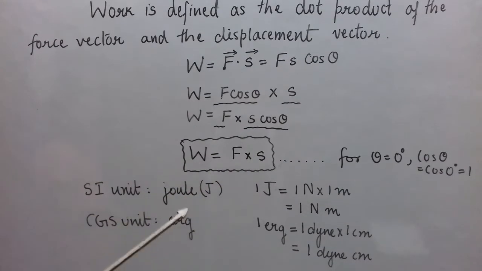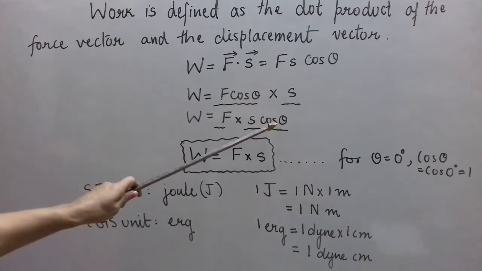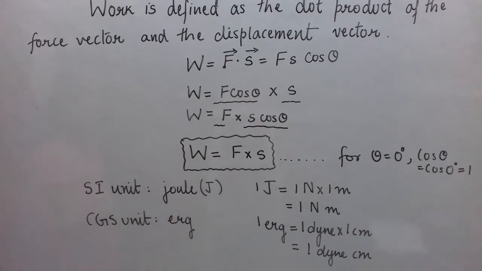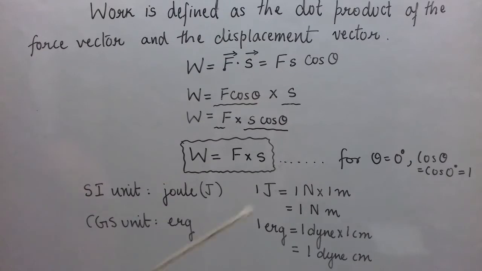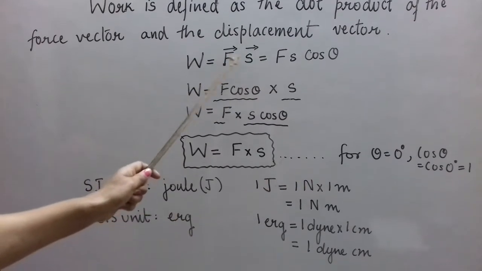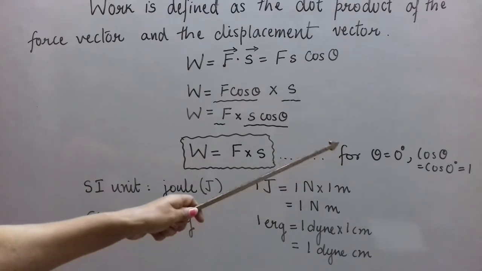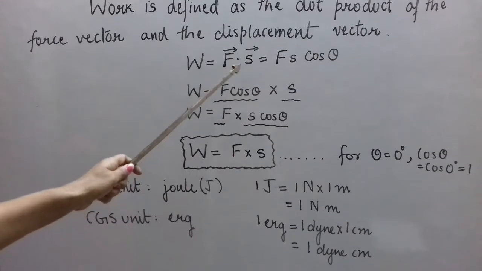In the previous video we saw the three values of cos which you have memorised. Cos 0 is 1, cos 90 degrees is 0, and cos 180 degrees is minus 1. Theta is the angle between the two vectors, force and displacement. When is theta 0 degrees? When force and displacement are in the same direction.